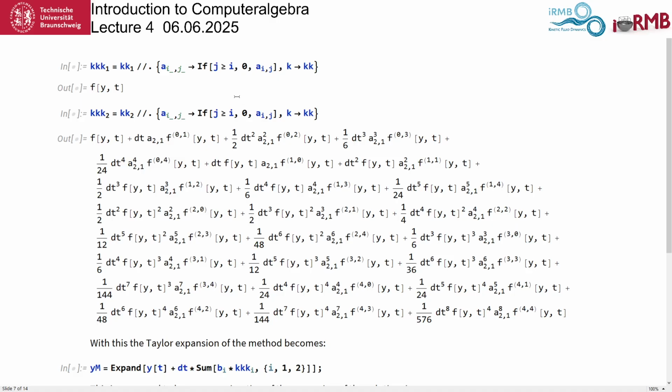If I do this, for the first one they are all 0, so they all disappear. For K2, you got a lot left. However, all you are left with in the end is A21.